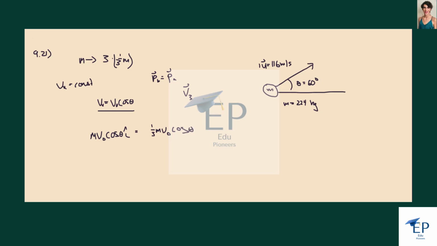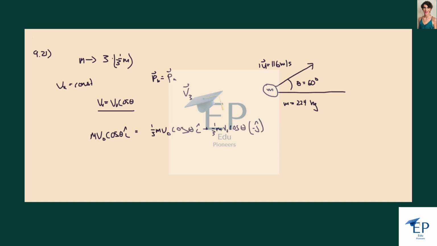Two of the fragments move with the same speed, but one moves horizontally, which is in the i hat direction, and one moves vertically downward, so that has the same mass and speed in the negative j hat direction.